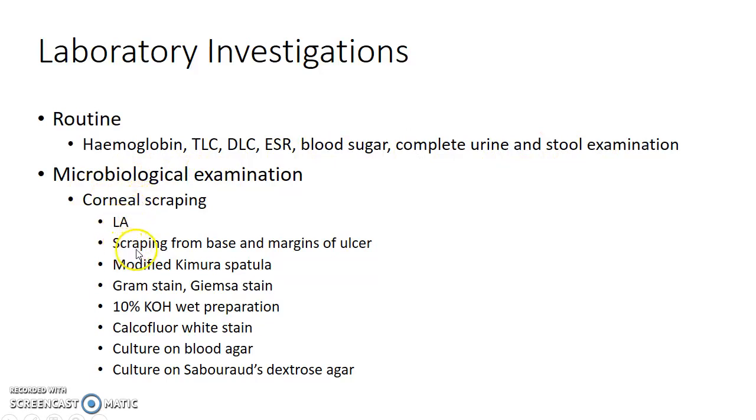The scraping should be taken from base and margins of the ulcer using a modified Kimura spatula. The corneal scraping should be subjected to Gram stain, Giemsa stain, 10% KOH wet preparation and calcofluor white stain. These are done to find out the causative organism. The corneal scraping can also be cultured on blood agar or Sabouraud dextrose agar. This is also done to find out the causative organism.